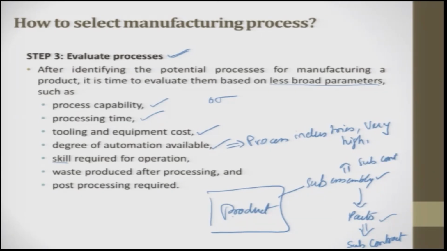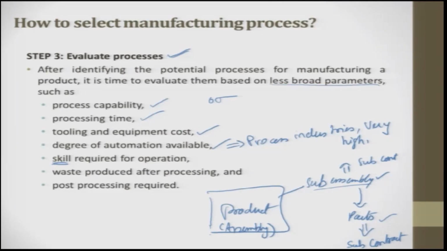So, what industries have started doing is only the assembly of the product. Here you have to evaluate the performance of the subassembly and then assemble it inside a product and get the required output. So, here we are looking for the skilled operator.